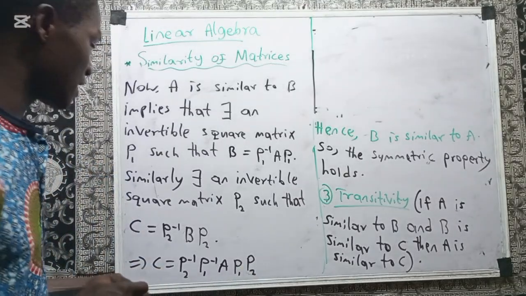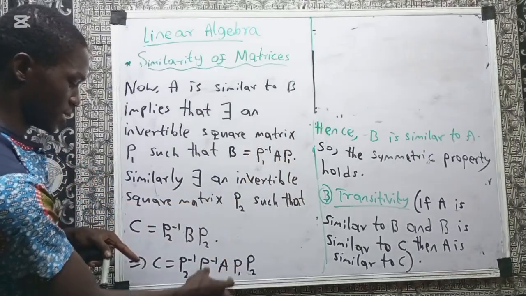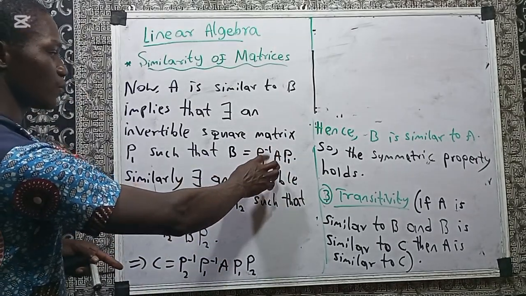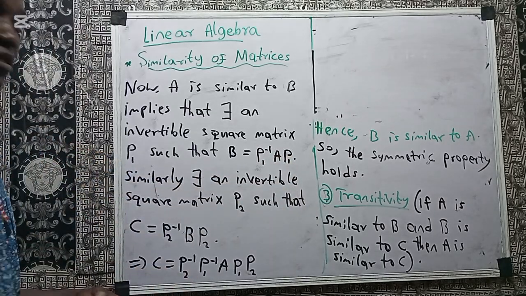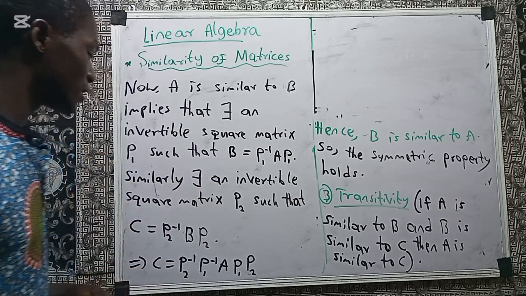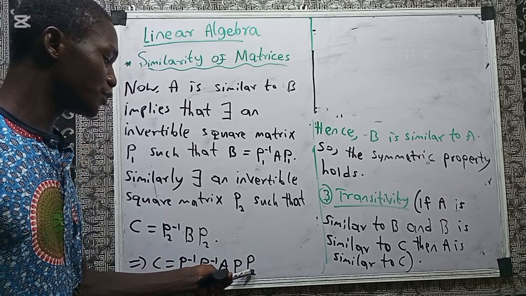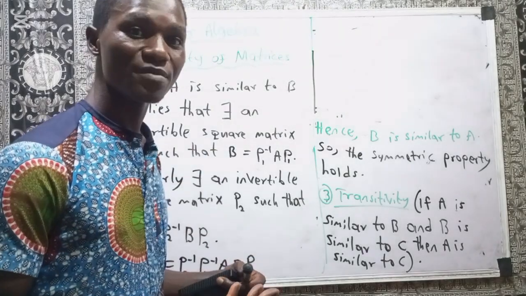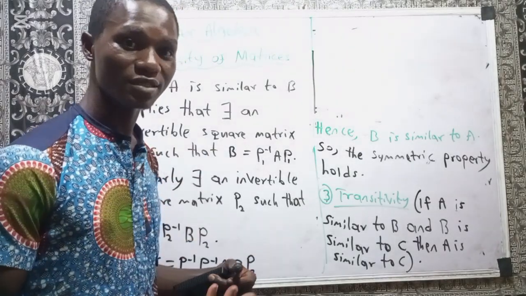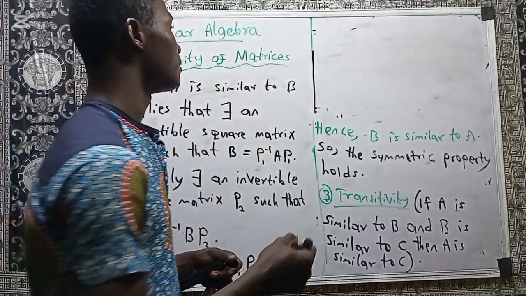So I hope this is clear. I replaced your matrix B by this, because B is P sub 1 inverse multiplied by A multiplied by P sub 1. Since P sub 1 is an invertible square matrix and P sub 2 is an invertible square matrix, their product is supposed to give you an invertible square matrix.